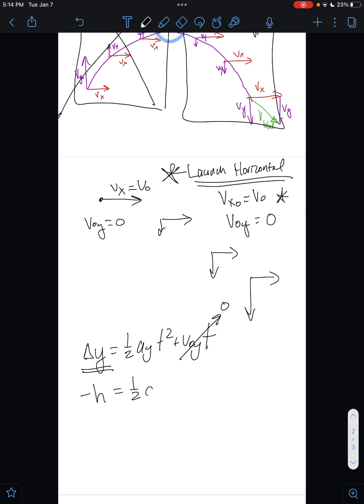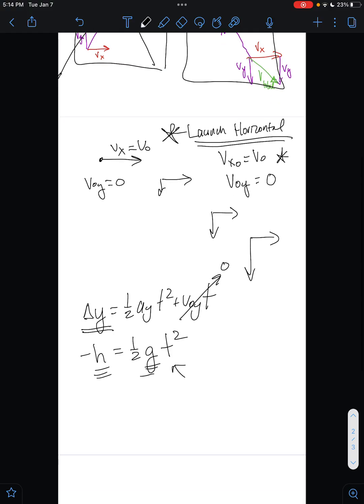And then you just plug in what the acceleration due to gravity is. As long as you know the height and the acceleration due to gravity, you can solve for the time. Once you know the time, you use the bulldozer in the x direction. And in the x direction, the acceleration is always 0. So once you know the time and that x velocity, you can solve for the range.